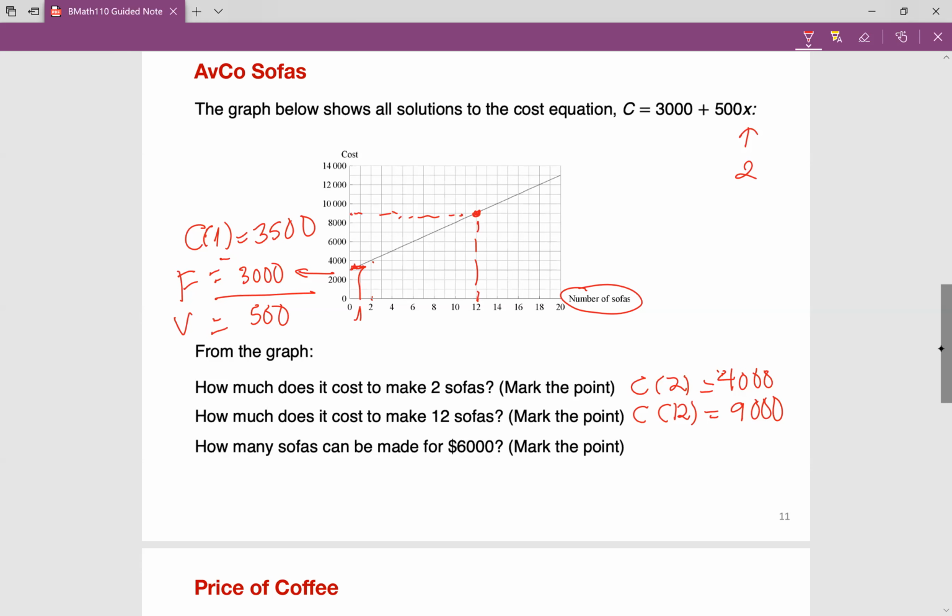And the last one, how many sofas can be made for 6,000? So the cost is 6,000 here. At this point, I may use another color.